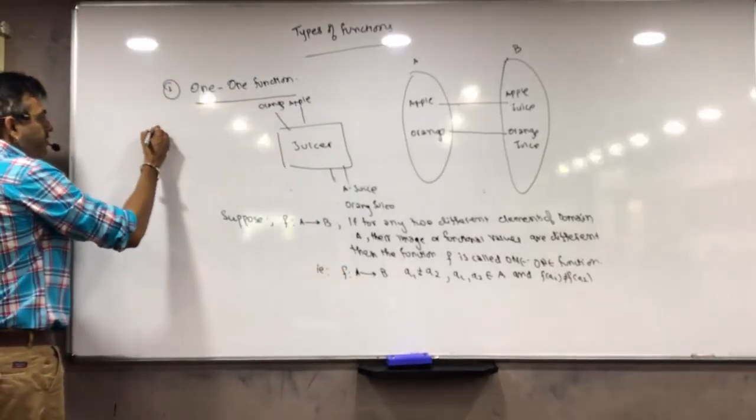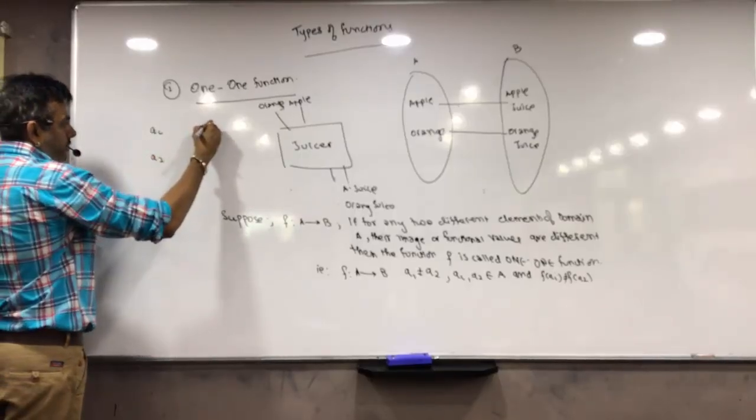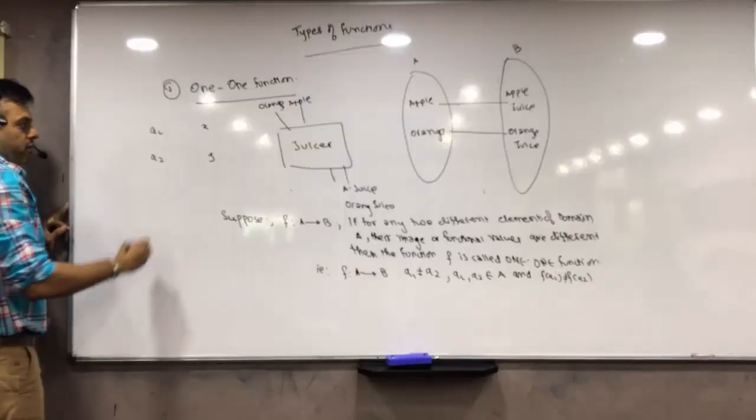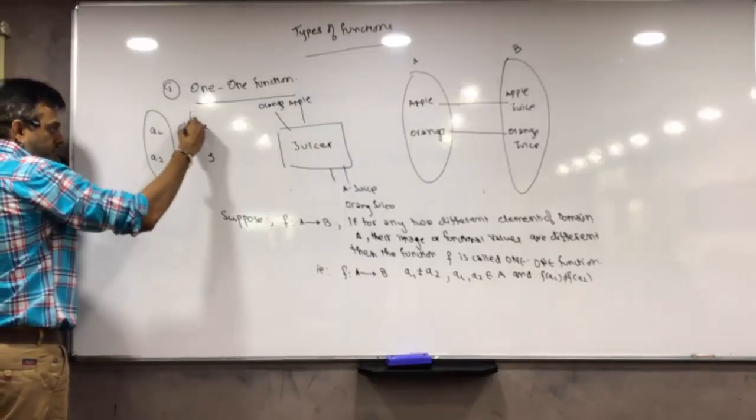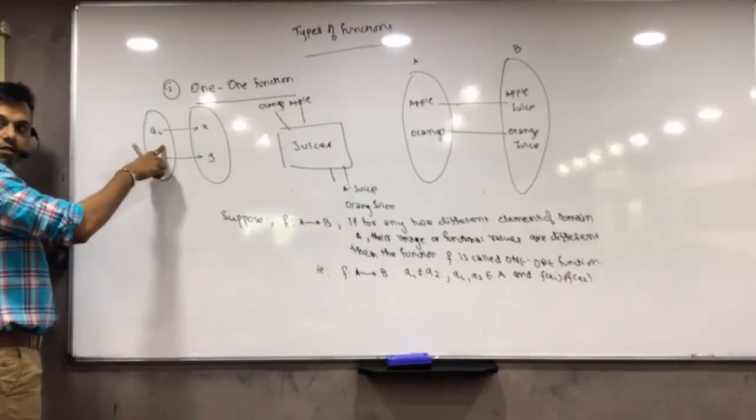It means, say this is A1, this is A2, and here say this is X and this is Y. Now A1 and A2 are not equal.